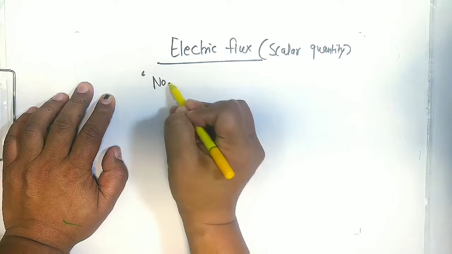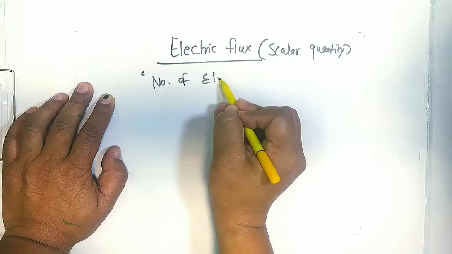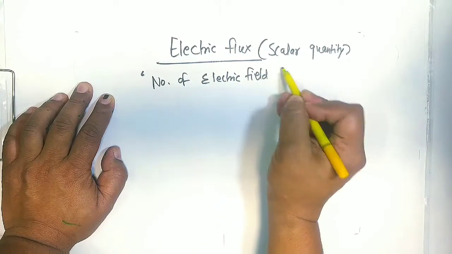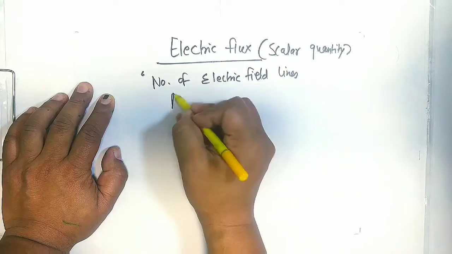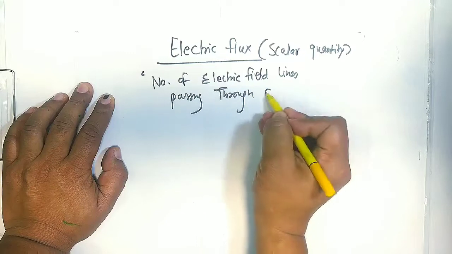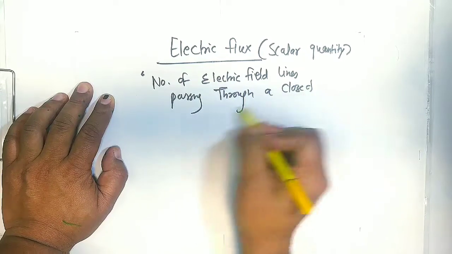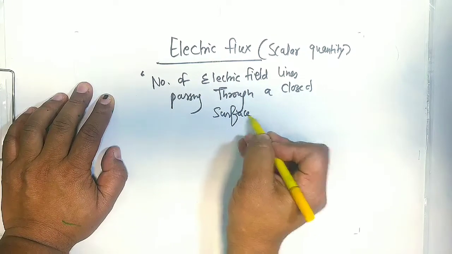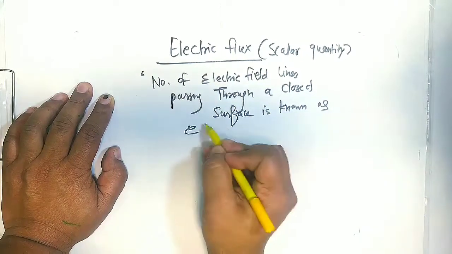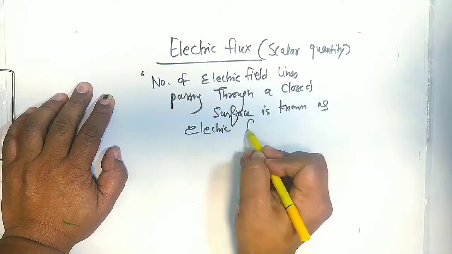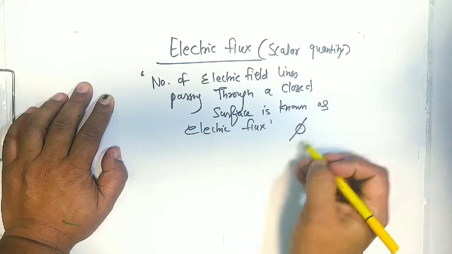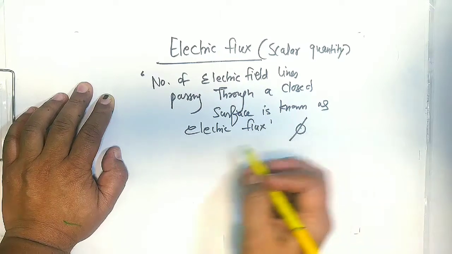The number of electric field lines passing through a closed surface is known as electric flux. And electric flux is denoted by phi.